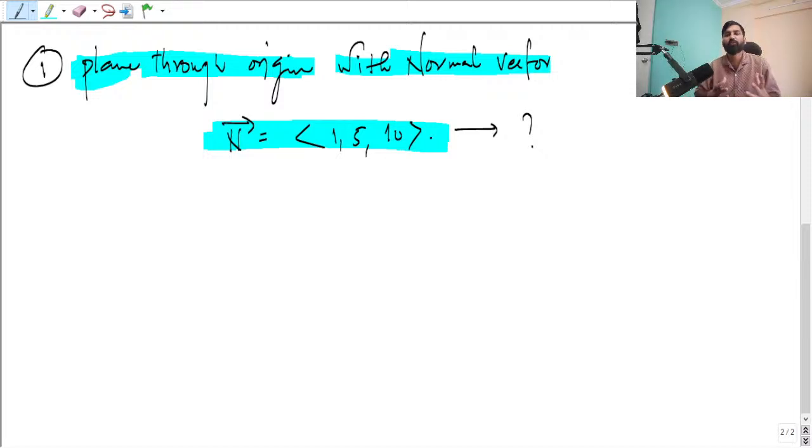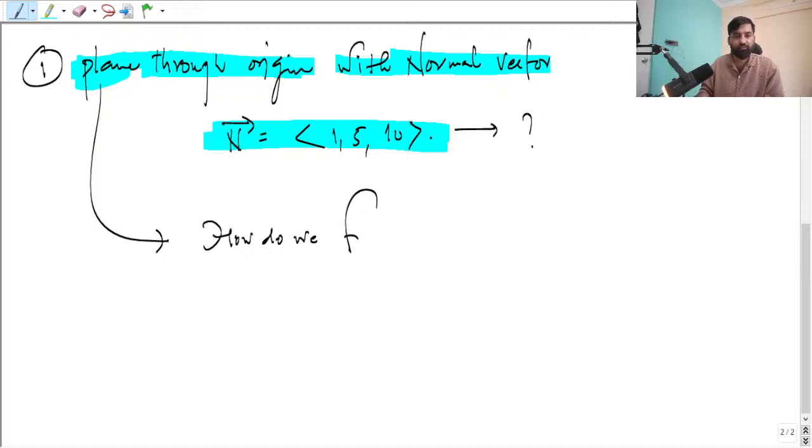So if you want to find the plane through origin with normal vector, since we have got a normal vector here, 1, 5, 10, my question will be, how do we find an equation of the plane?